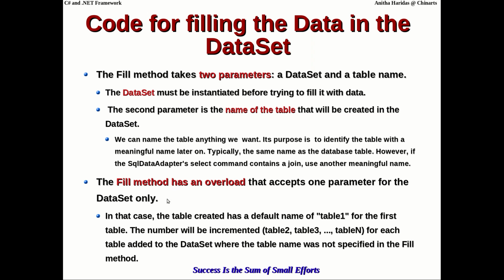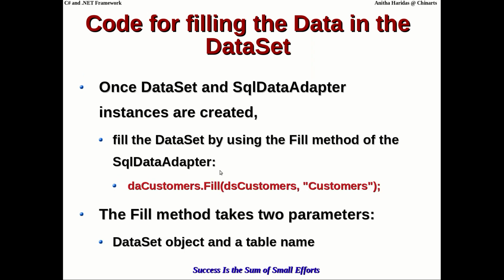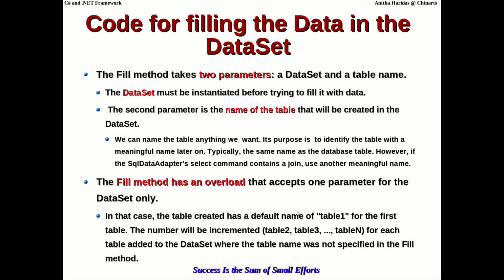Then the fill method also has an overload which will accept one parameter only, the first parameter. You can specify DA customers dot fill and the data set parameter, and you need not give the second parameter. That is an overloaded method.